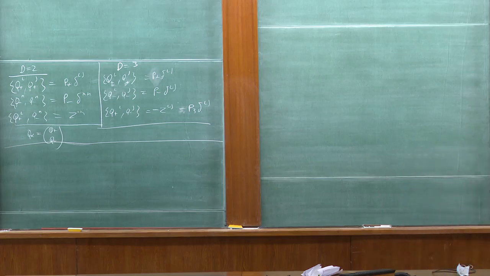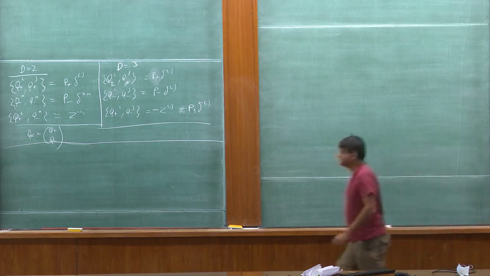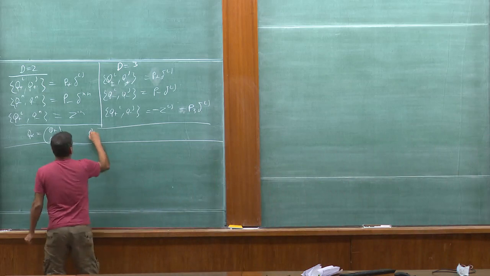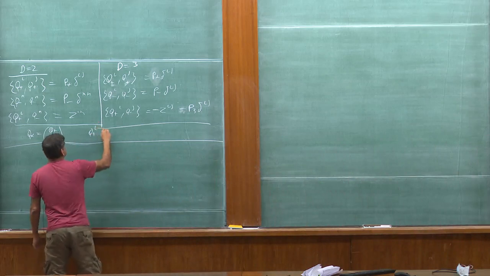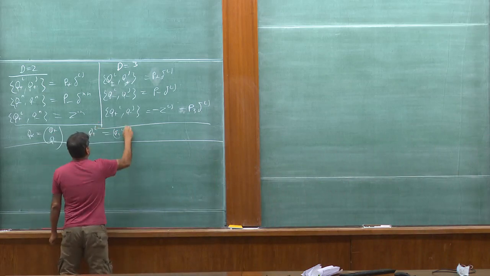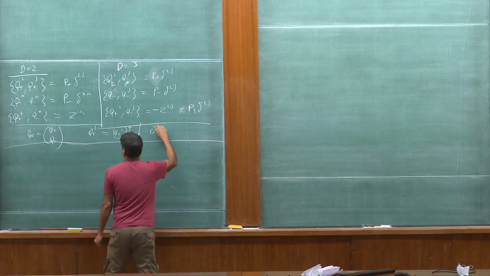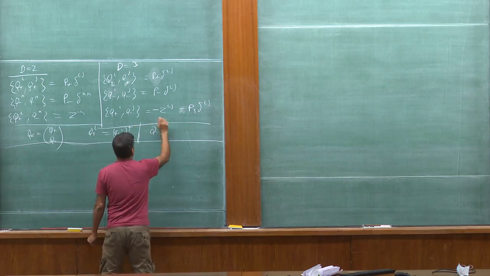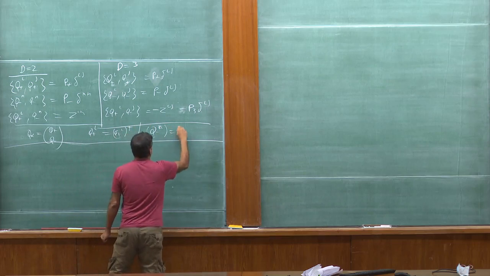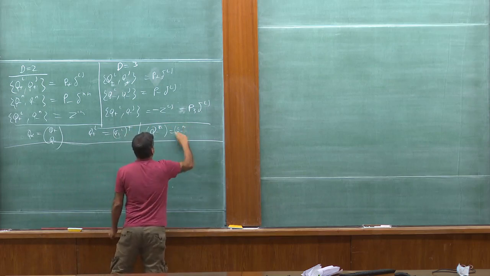That is, Q plus I was a real field. So Q plus I was Q plus I dagger. I'll write that down. And same with Q minus: Q minus I or m was equal to Q minus m dagger.